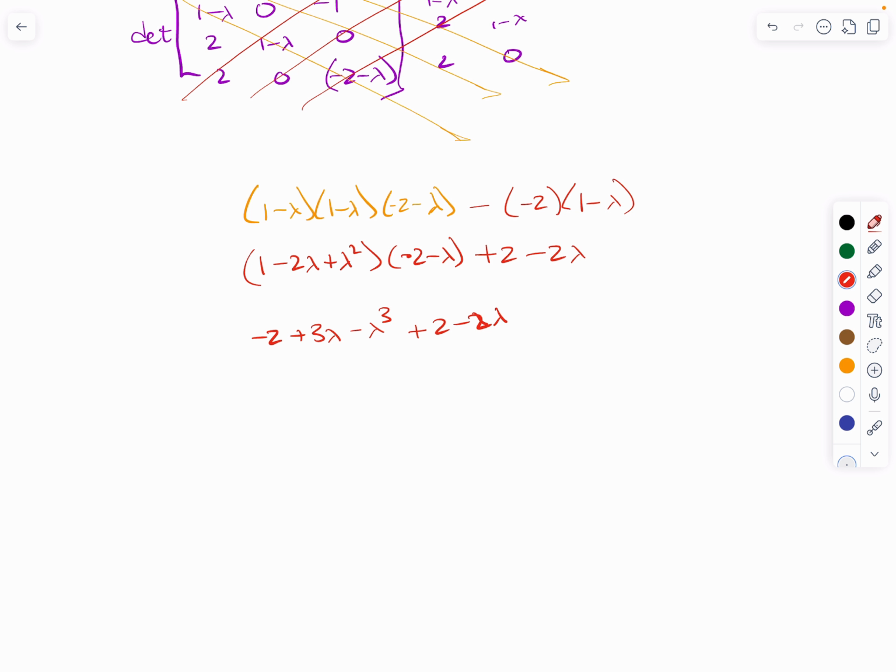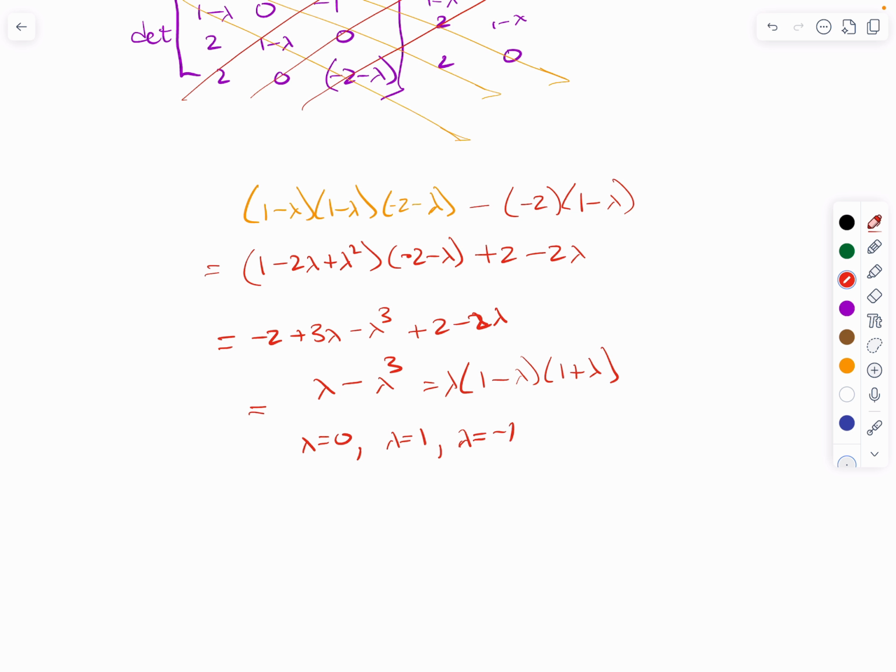Okay, well this is nice because I get lambda minus, I should write equal signs, lambda cubed, which is easy to factor. It's lambda times 1 minus lambda times 1 plus lambda. So I have lambda equals 0, lambda equals 1, and lambda equals negative 1.